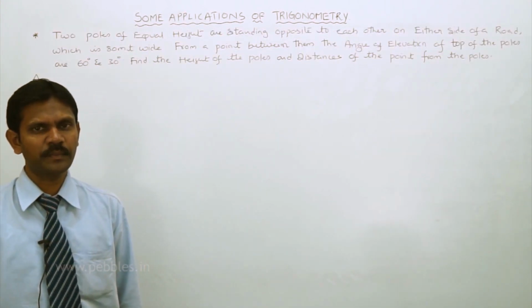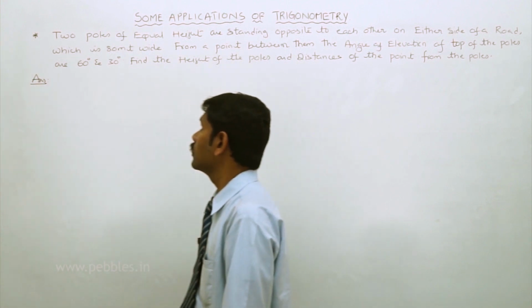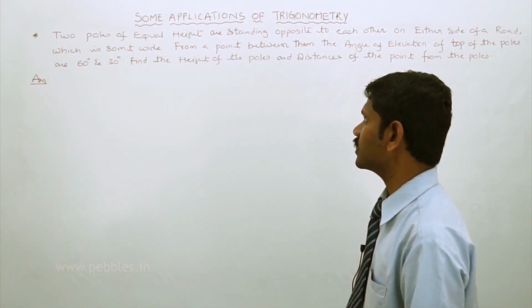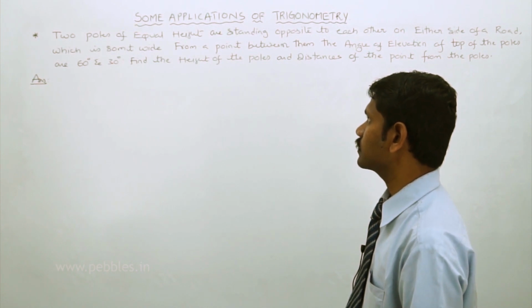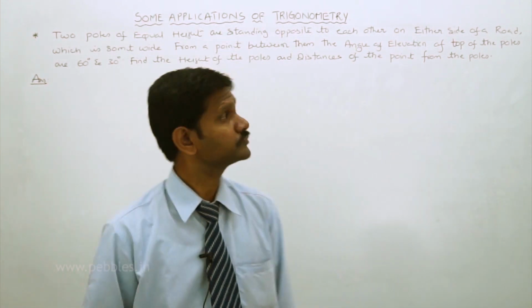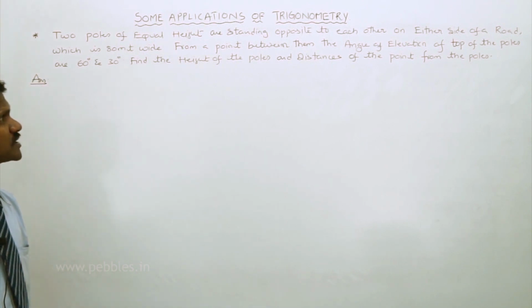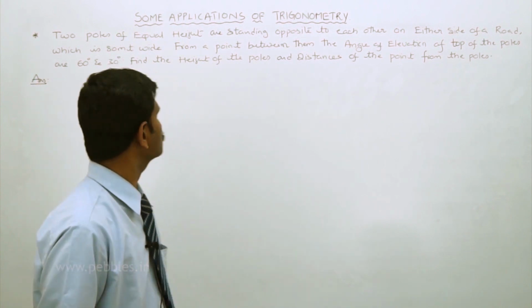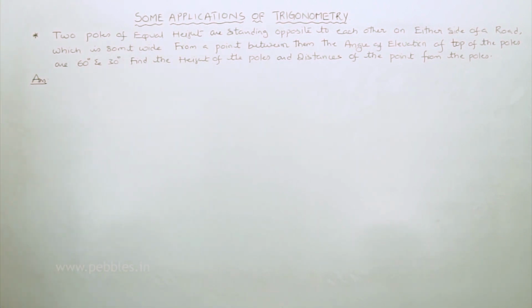Let us see the next example. Two poles of equal height are standing opposite to each other on either side of a road which is 80 meters wide.